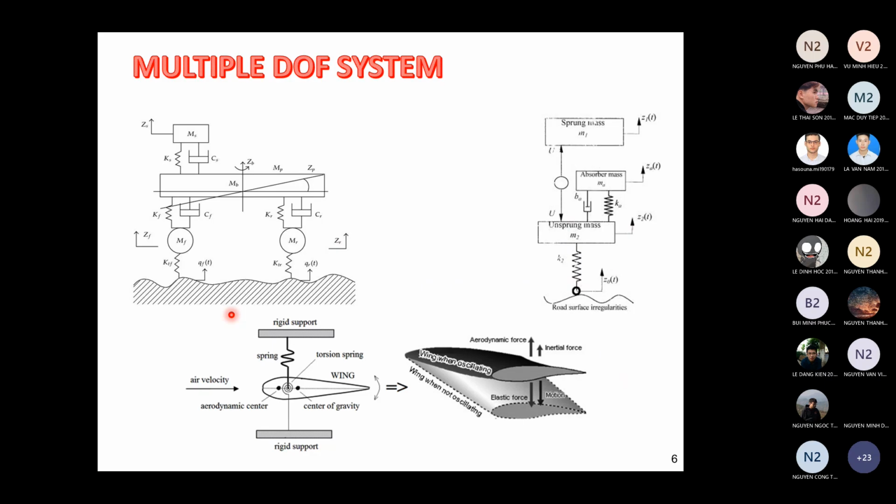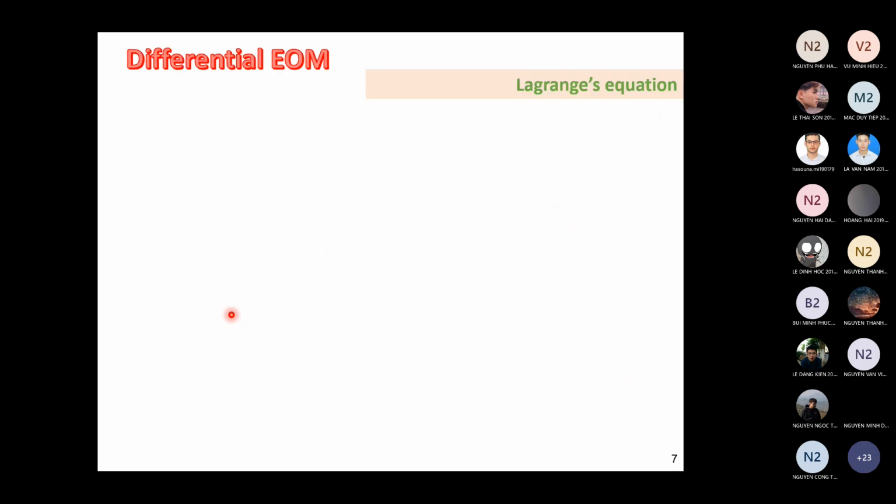Okay, so first of all, we need to know how we can obtain the differential equation of motion for the multi-degree of freedom system. So in this chapter, we cannot use the theorem of momentum or the theorem of angular momentum like in the single degree of freedom.